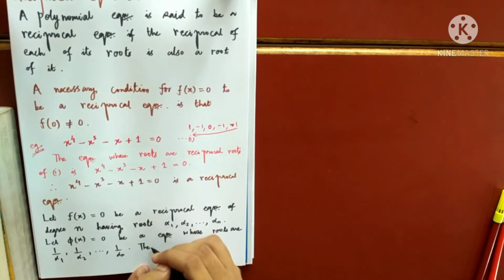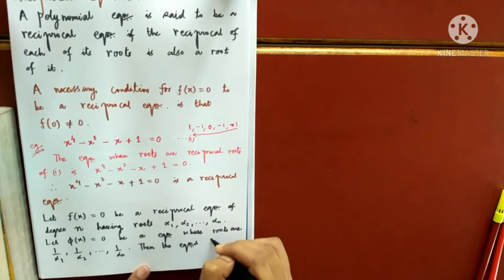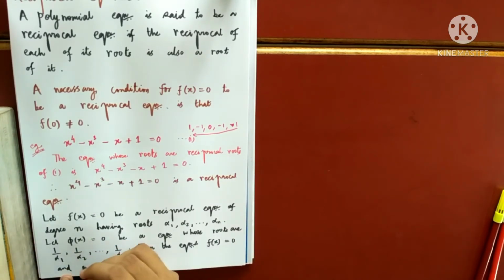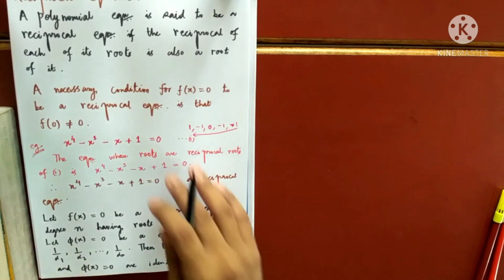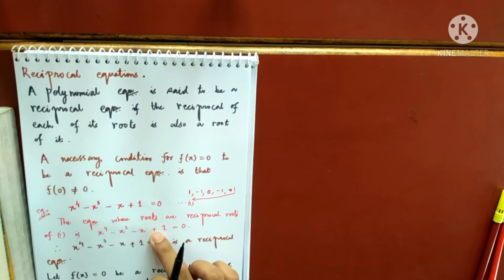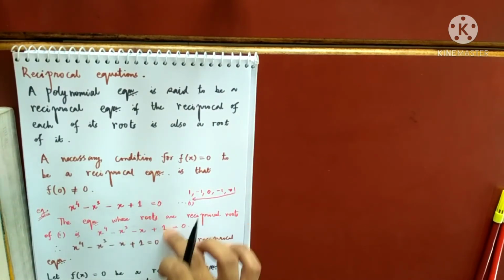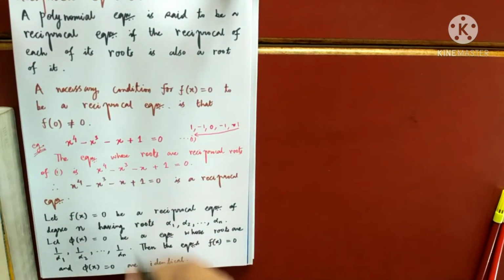Then the equations fx equals to 0 and phi x equals to 0 are identical. So this is what we have done here. This and the equation whose roots are the reciprocal roots of this equation, both must be identical. So this is what I have done here, and that's what I have written here, right?